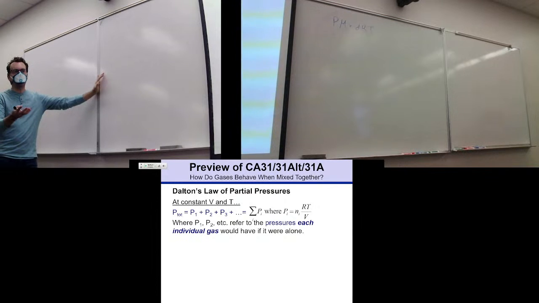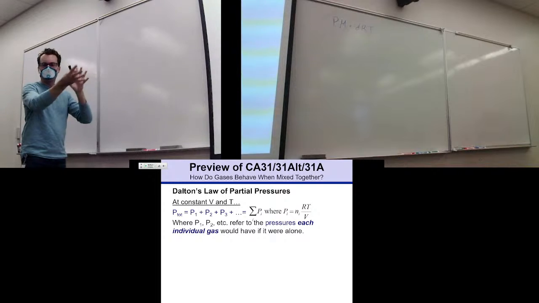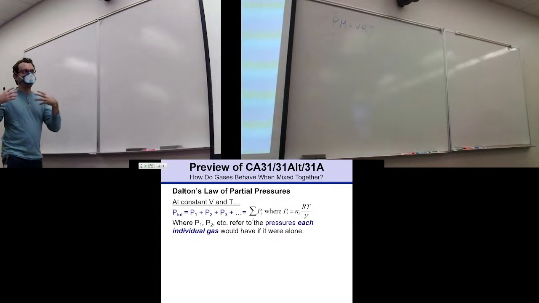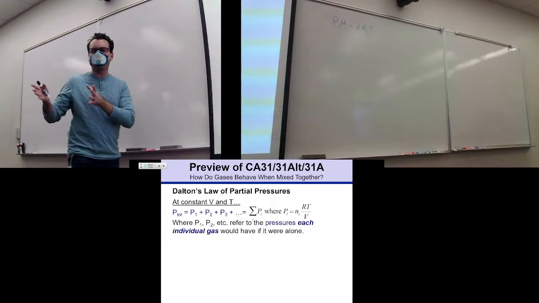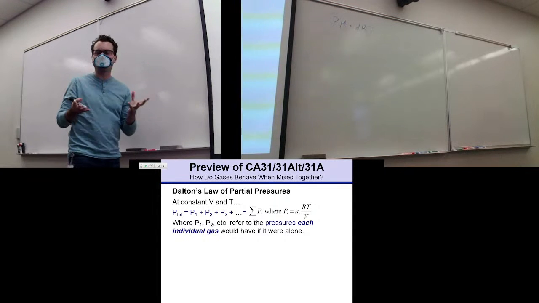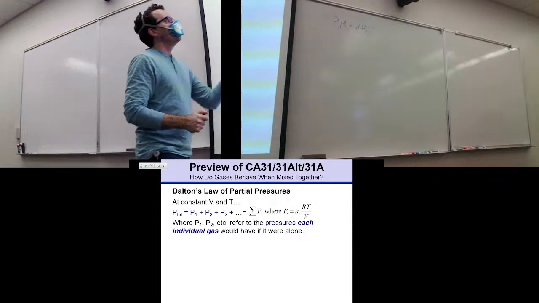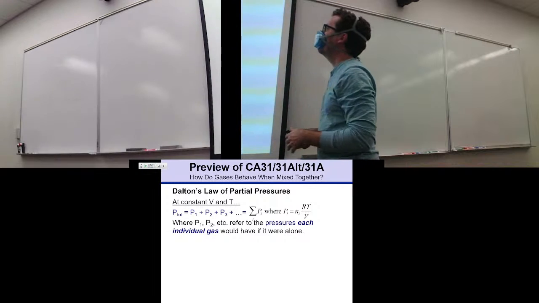If I have a mixture of gases in a container, each gas in the container can be assigned its own individual pressure. That's what we call a partial pressure. And if we add up those partial pressures, we will end up with the total pressure, the pressure of all the gases together. You'll see how this works. It's all math-based.